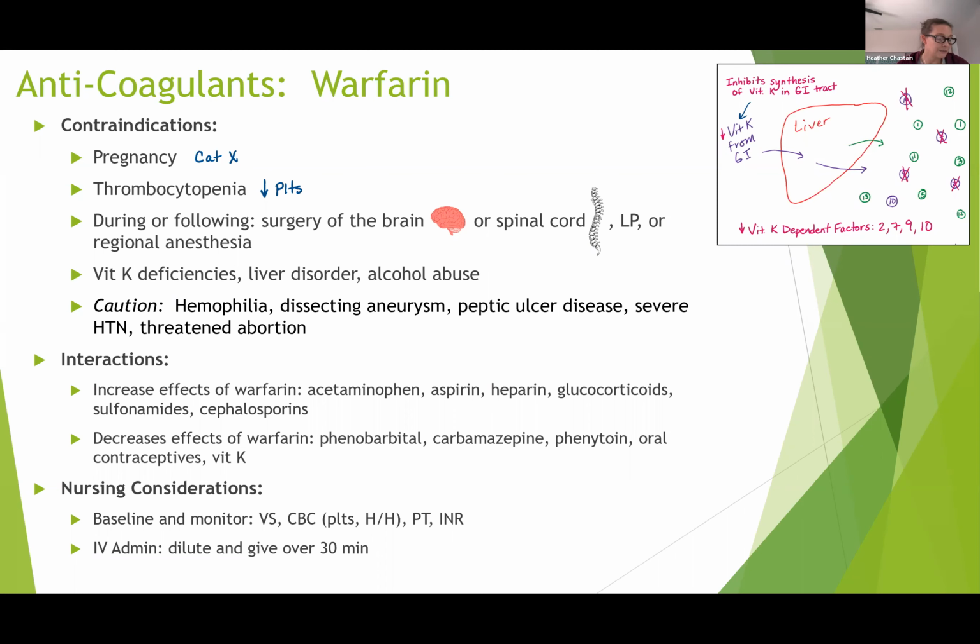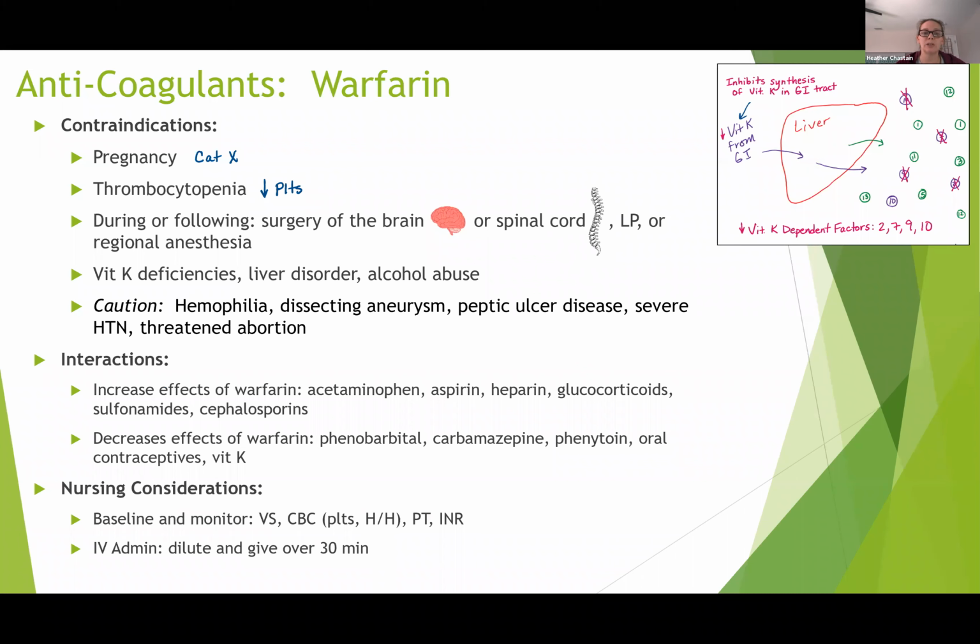Contraindications: if they have vitamin K deficiencies, because that means the liver is already going to have a hard time forming those factors, so we don't want to cause even more issues. If they have a liver disorder, because the liver makes those factors. And with alcohol abuse, because alcohol is twofold. Alcohol decreases platelet aggregation, but it also puts stress on the liver.